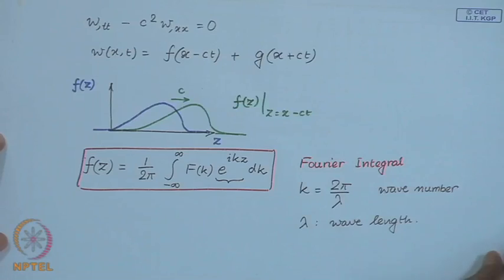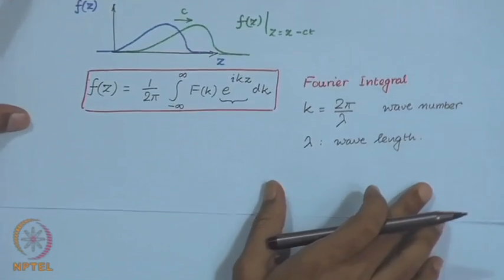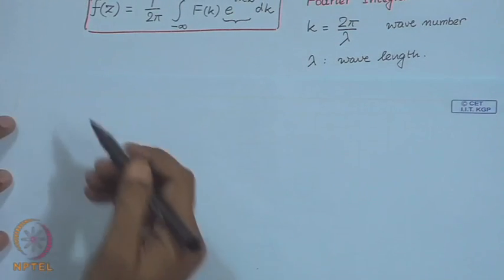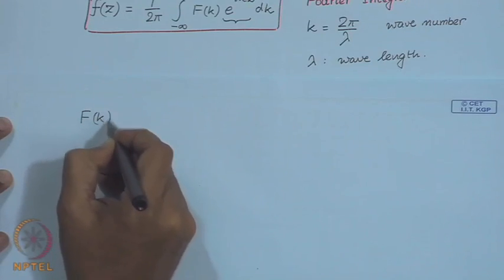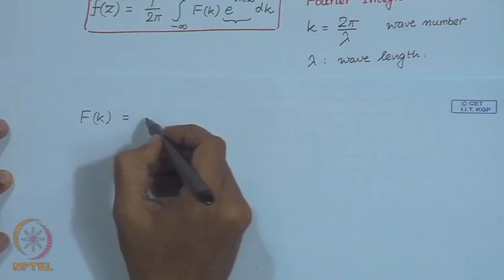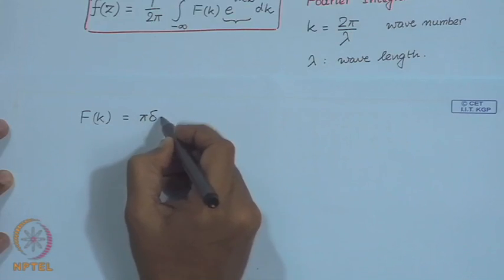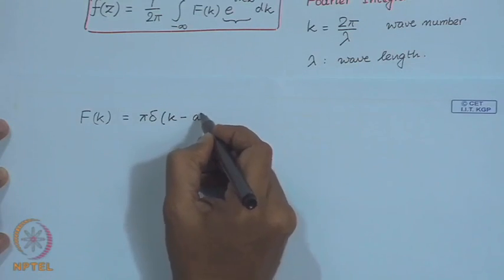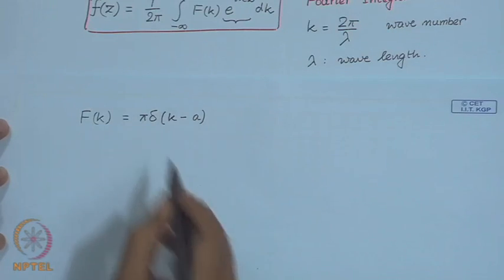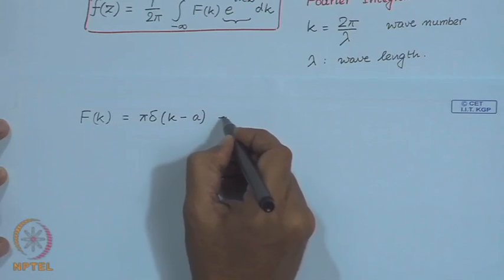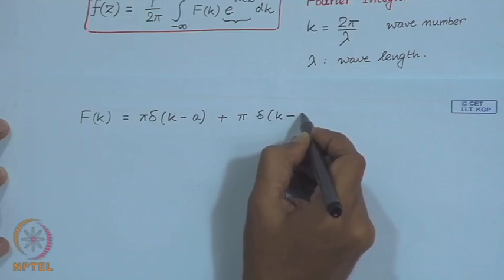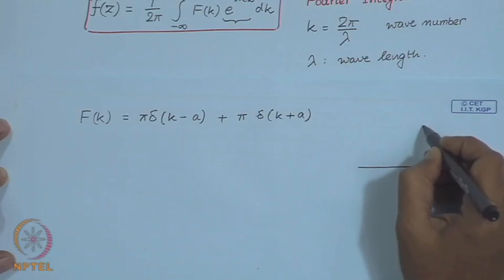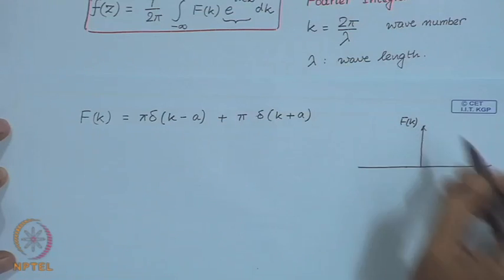If you consider a simple example, suppose f(k) is nothing but pi times delta at A plus delta at minus A. So, f(k) is a function of the wave number.